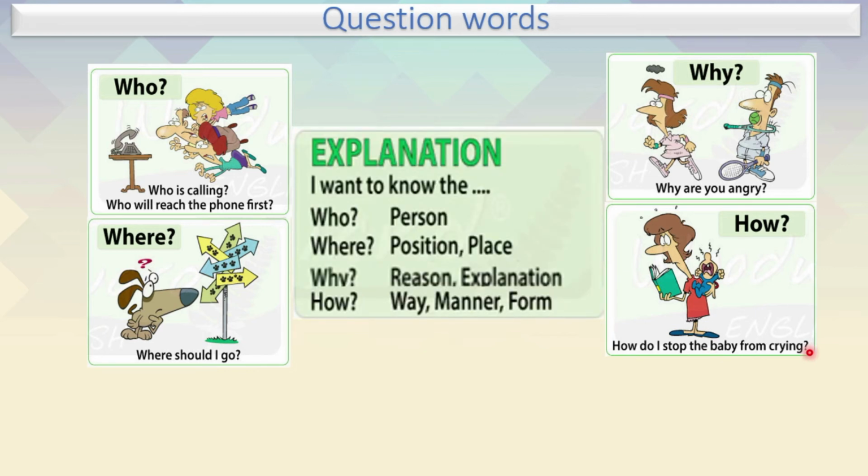So you can see that if we want to know the person, we use who. If we want to know the position or place, we use where. And why is used for reason and explanation. And how is used for way or manner in which something is done.